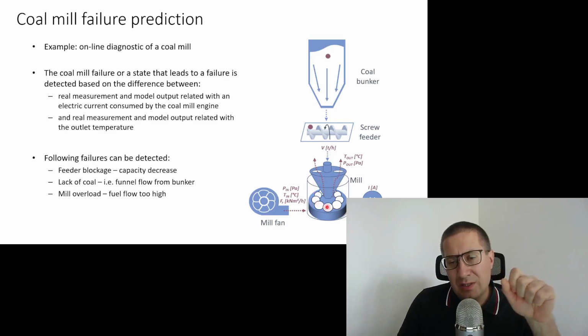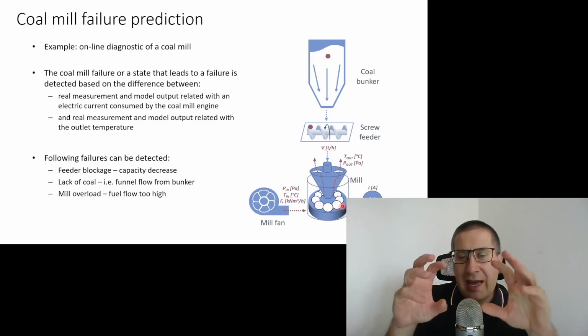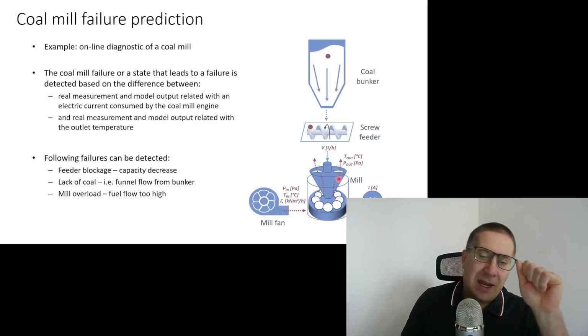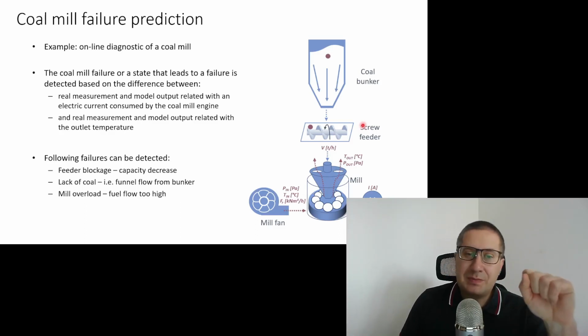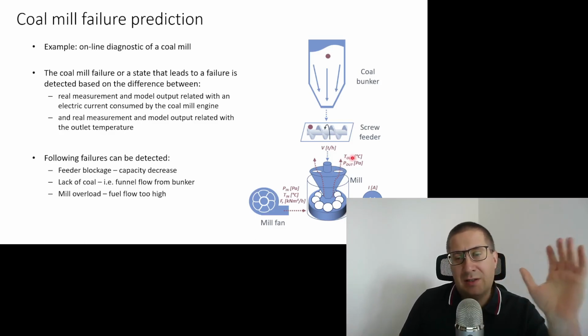Then the coal is ground, and the coal air mixture is coming out of the coal mill into the combustion chamber. This coal air mixture has some temperature, some flow. There is some pressure.